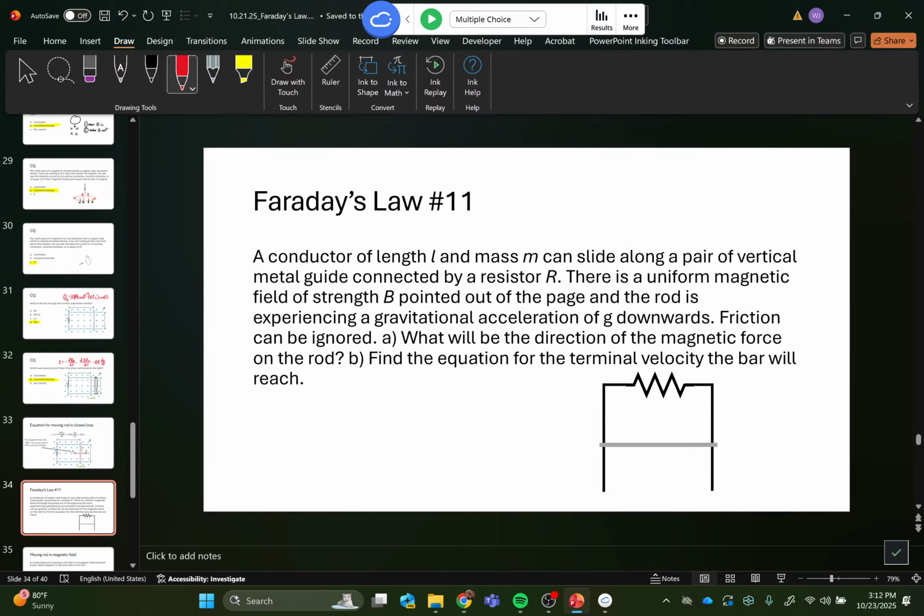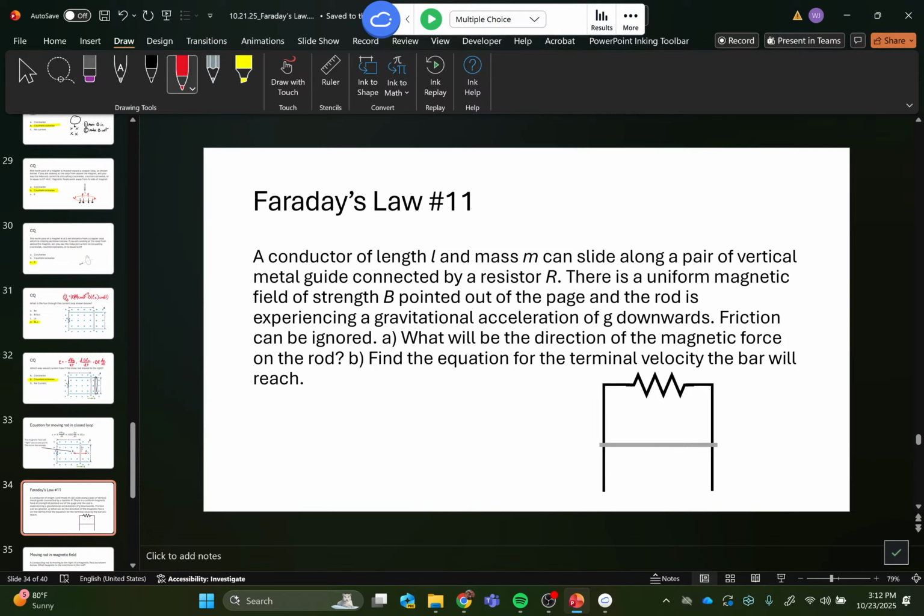All right. I like this problem. I think it's interesting. It gets to the idea that this is not free. There is a force that's going to oppose it. A conductor of length L and mass M can slide along a pair of metal guides connected by a resistor R. You can see the picture. I got this metal bar, and it can slide up and down.